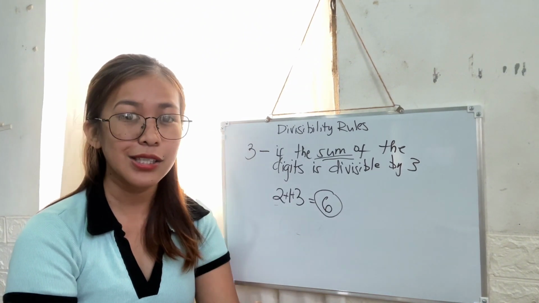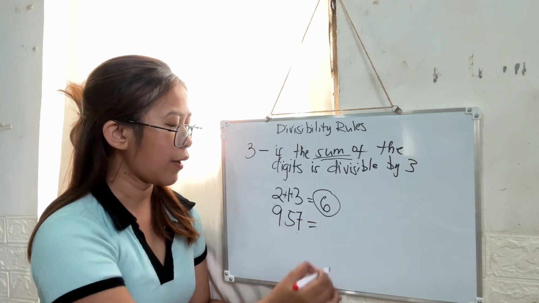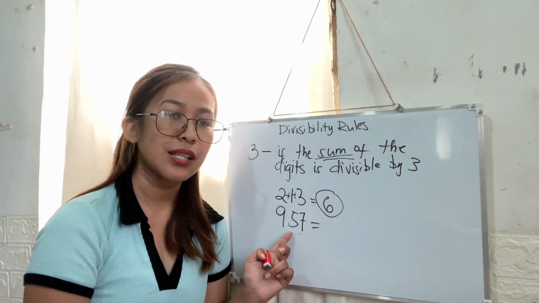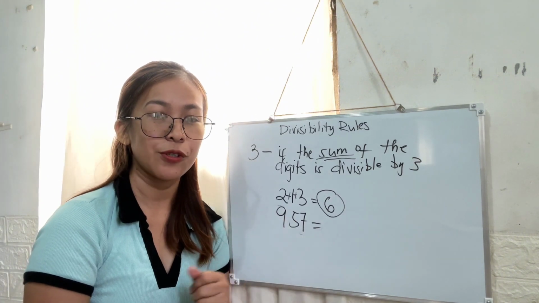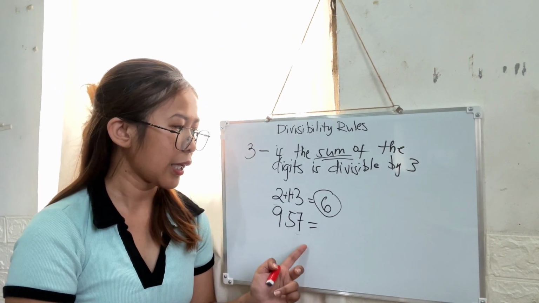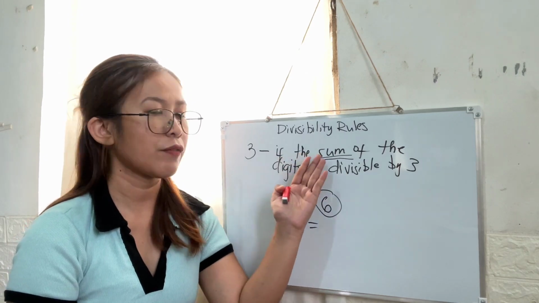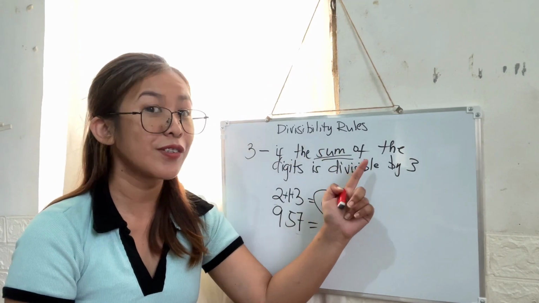So, another example. 957. Do you really think that this one is divisible by 3? So, pag tiningnan mo, titingnan natin kung divisible siya kay 3. Again, you will know if the number is divisible by 3 if the sum of the digits is divisible by 3.